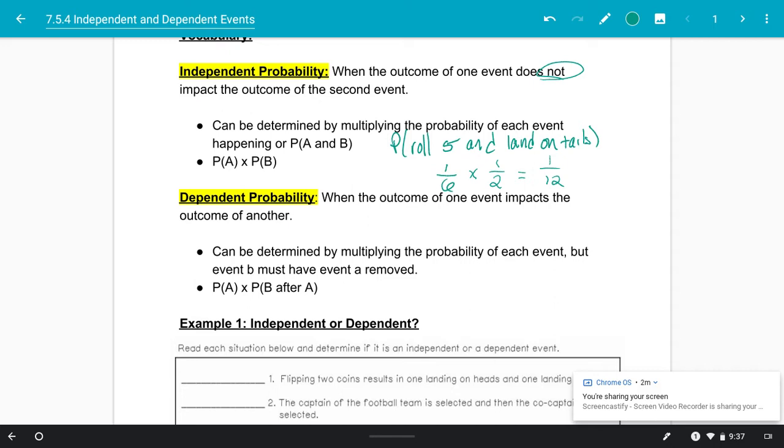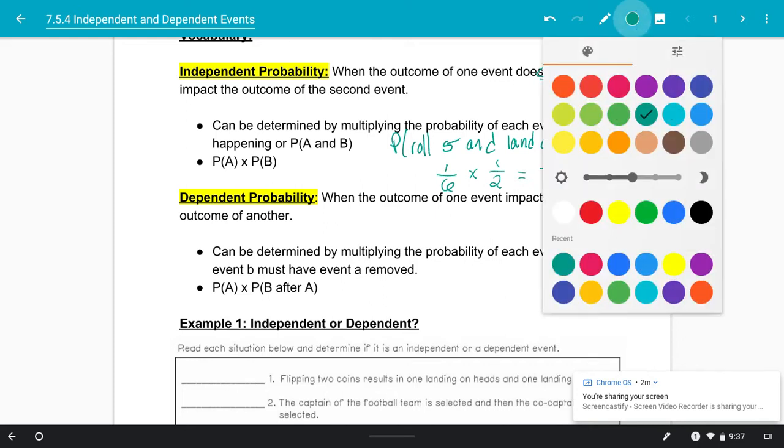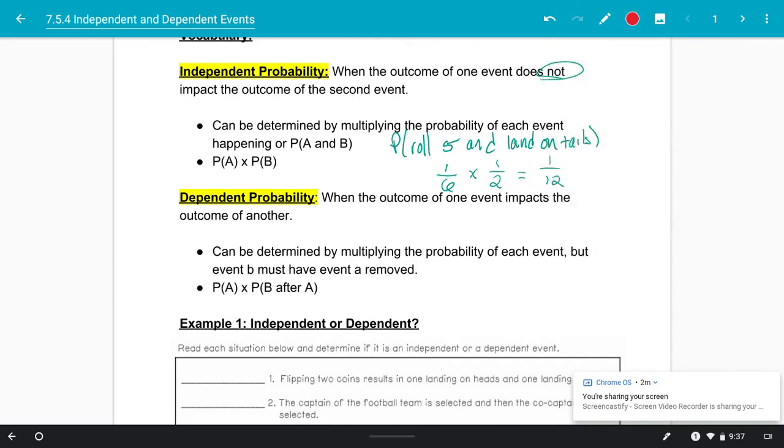Dependent probability is when the outcome of one event impacts the outcome of another. So it depends on the other event. This can be determined by multiplying the probability of each event, but event B must have event A removed. For example, let's say I had marbles in a bag. Here's my bag, we can use our imagination here.